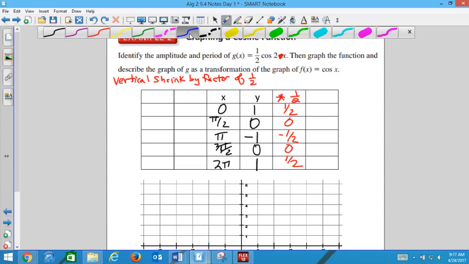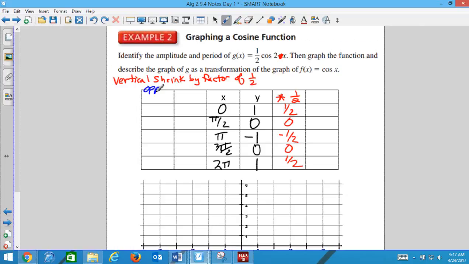So we have a number in front of the x, and if it's something that's with the x, remember the x side is always opposite. Remember the x's, we always do the opposite. So where it says 2x, that actually means divide by 2 or multiply by 1/2.